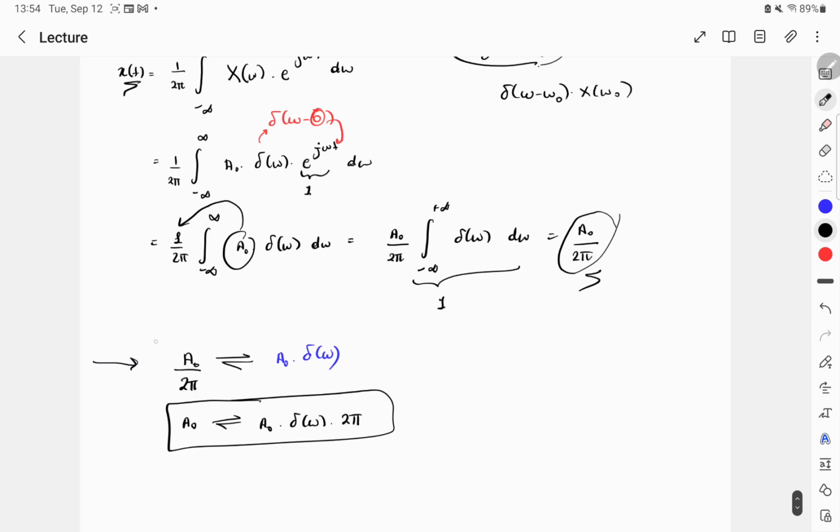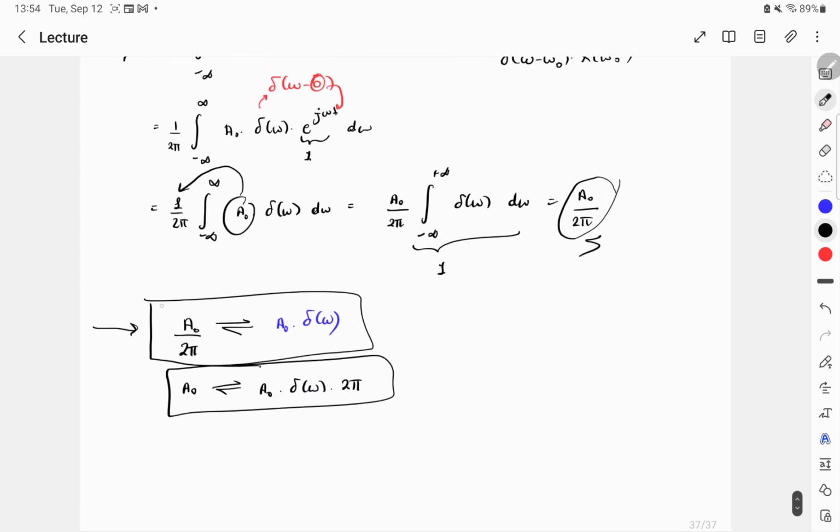However, we just need A omega. That's why we multiplied the signal by 2 pi, and when we multiply the signal, the Fourier transform also gets multiplied by 2 pi. Therefore, our final answer reveals how we can compute the Fourier transform of a constant.